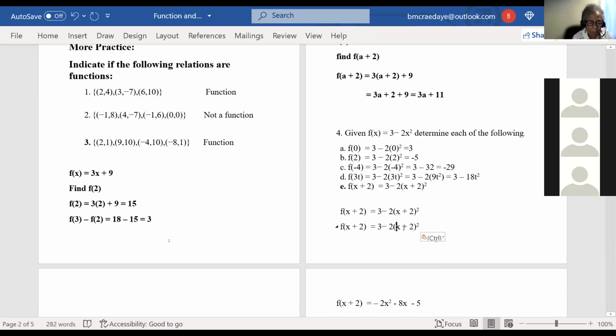Okay, 2 and 2. So let me just copy this here. This is going to be x squared, plus 4x, and 2 times 2 is 4, plus 4.